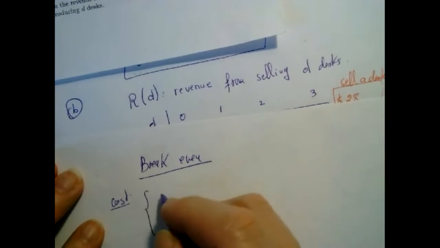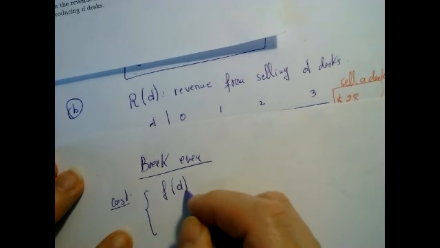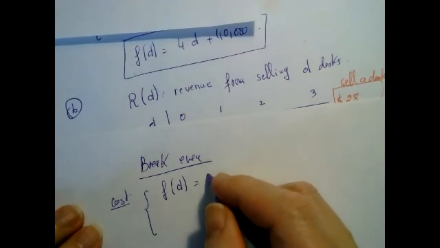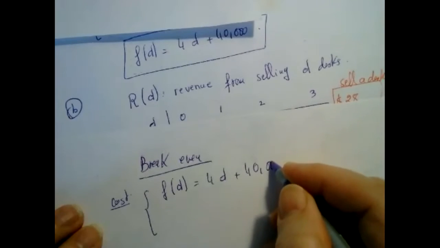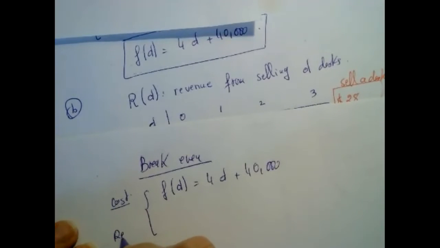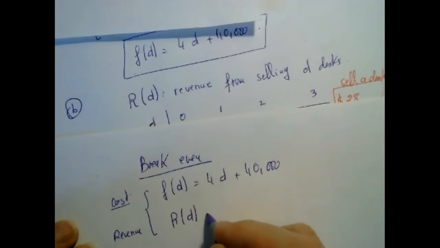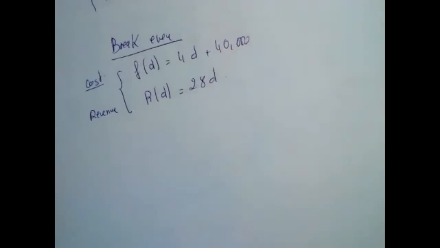The cost is given by this formula. I'm just writing what we got so far. The revenue is given by this formula, 28D.